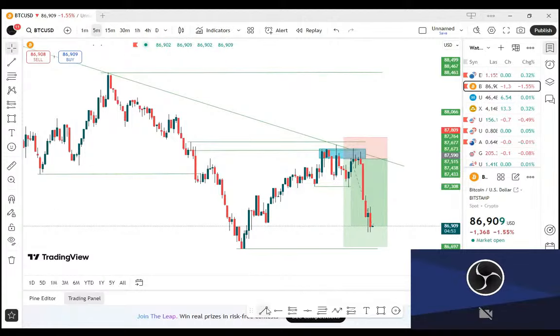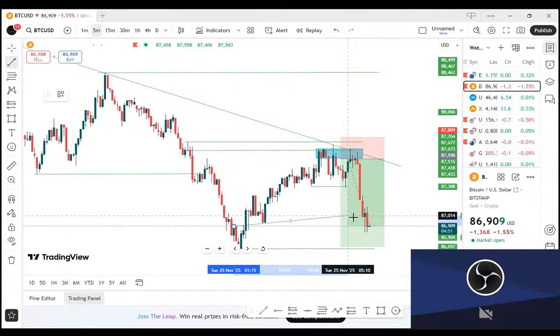Price is currently rejecting at this zone. What do you guys call these zones?